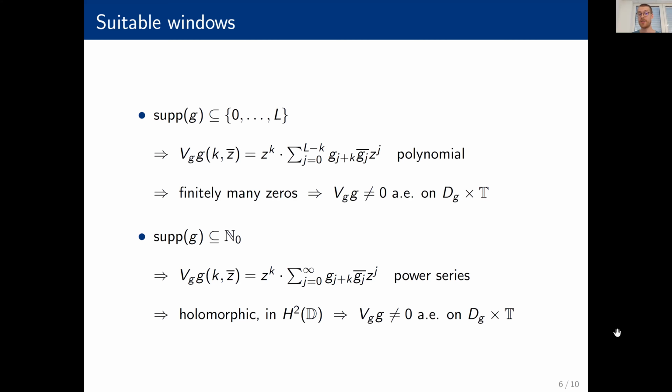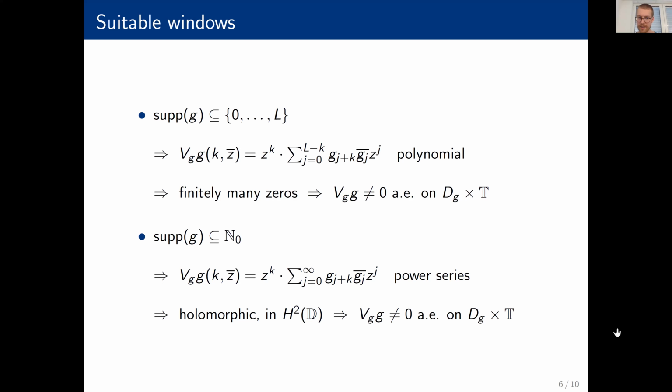Then DG is in fact everything. So every L2 window G whose support is exactly the non-negative integers will do global phase retrieval for every signal F. This is one corollary you could take from this.